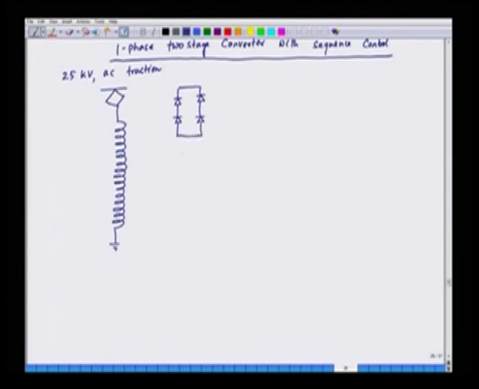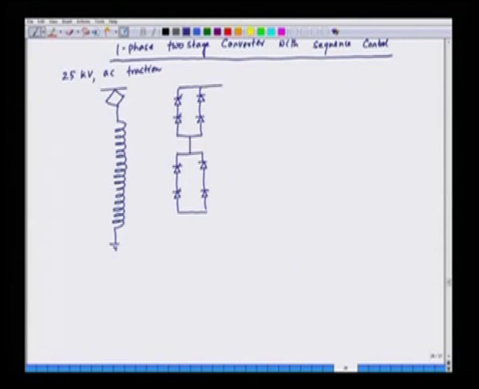So, we have 2 converters. This is another converter, and each one of these converters is a half control bridge. This is also a half control bridge here, and these are series connected.